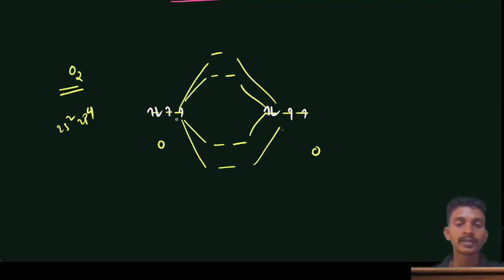So in total how many electrons? 8 electrons, so fill all of these: 1 2 3 4 5 6, 7 8. So 2 electrons are here. What are the possibilities? If the electrons are like this, others are also possible.